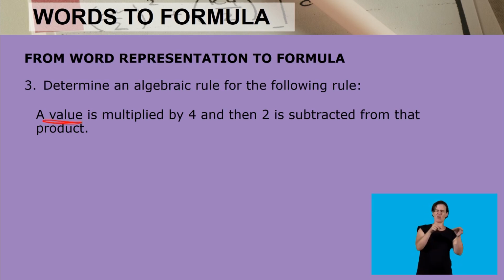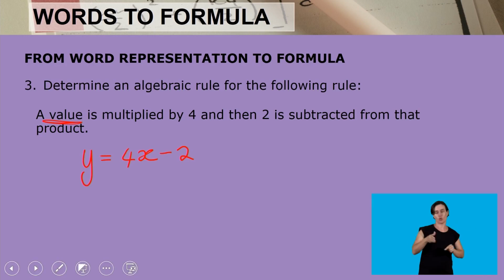Of course, this is the input value because it is the one that goes through our rule, and it will produce an output value. So that value is multiplied by 4. So we know that our input value is going to be multiplied by 4, and then 2 is subtracted from that product. Of course, there is our formula moving from the word representation to the formula.